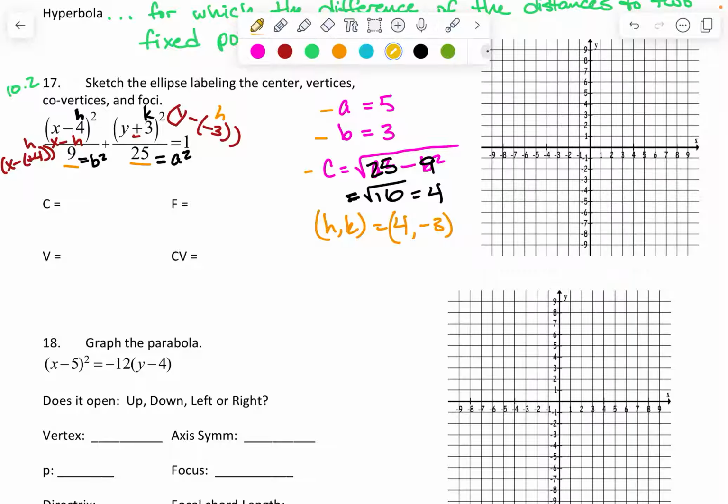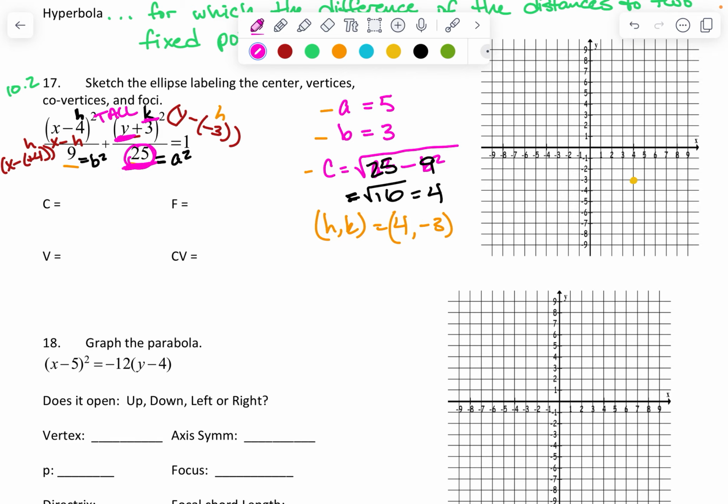So once I find that, I've got everything I need to go ahead and graph this ellipse. I'm going to go ahead and mark the center at 4, negative 3. And then since the bigger number a is associated with k and y, that means this is a tall ellipse. Y and k always have to do with the vertical.